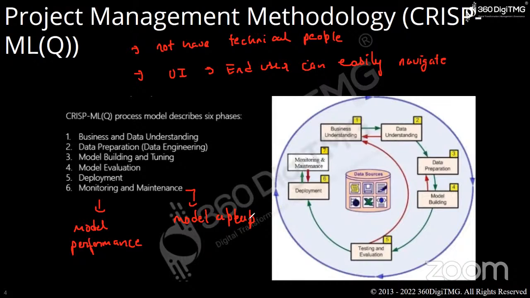So this is where our CRISP-ML(Q) methodology stands at the moment. Obviously, these project methodologies are constantly getting redefined, upgraded, new features get added. So this is something that we should always keep our eye out on. Okay, so this is CRISP-ML(Q).